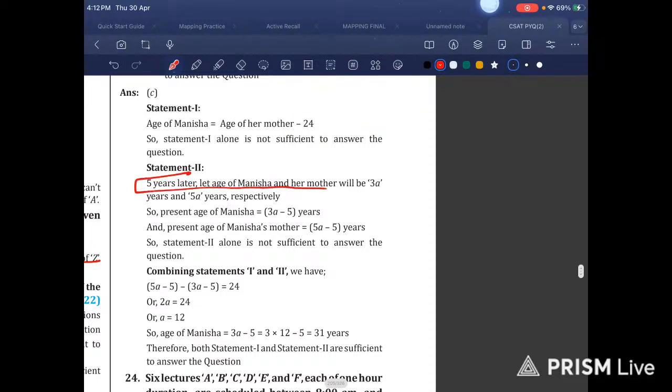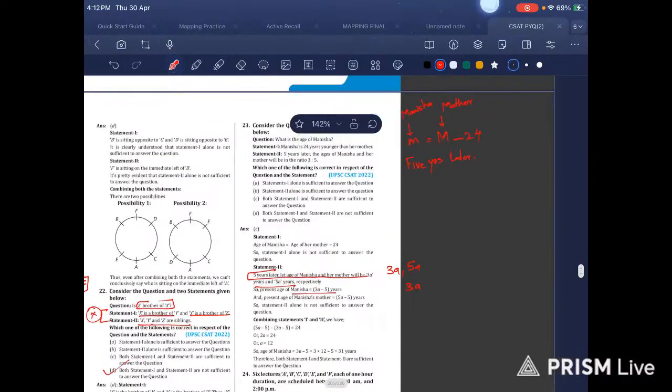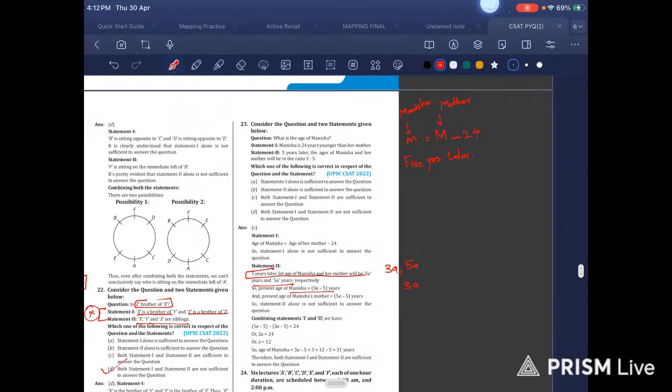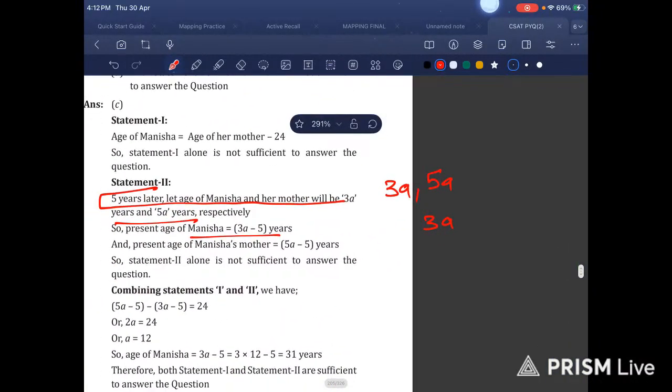Five years later, the ages of Manisha and her mother will be 3A and 5A. So the present age of Manisha is 3A minus 5, and the mother's will be 5A minus 5.